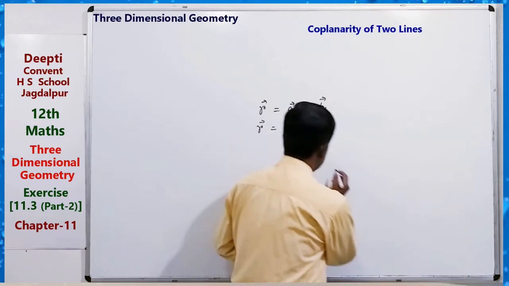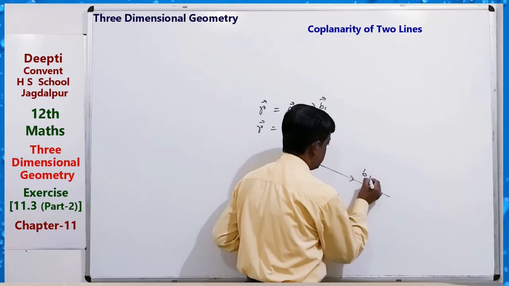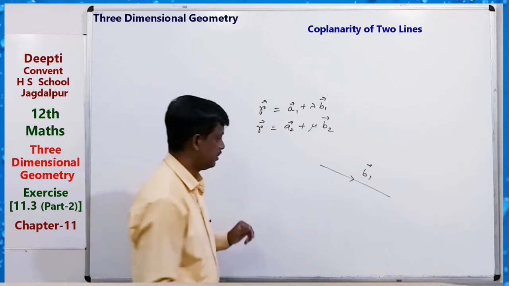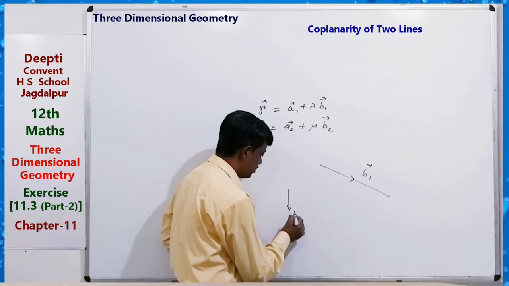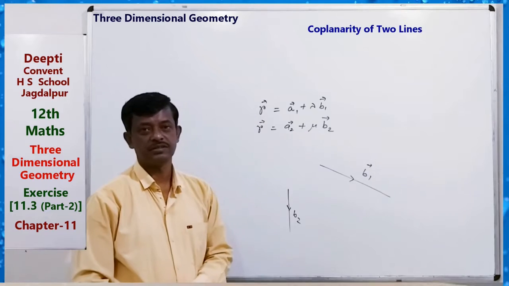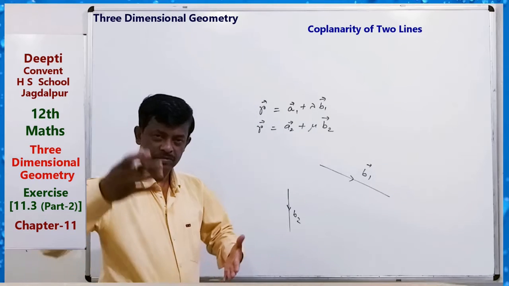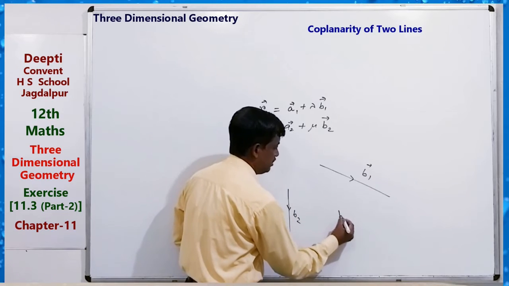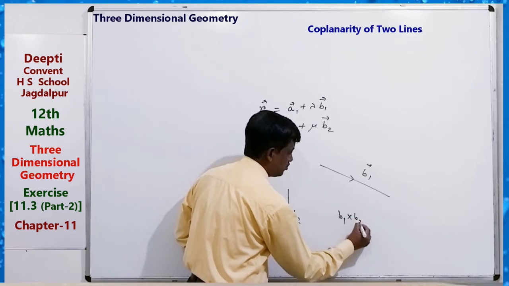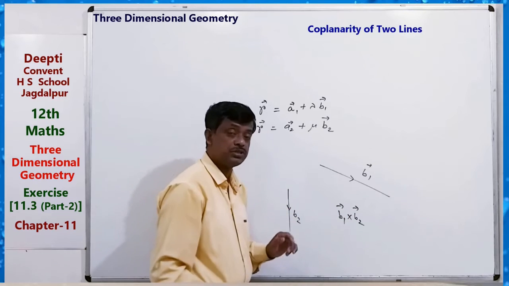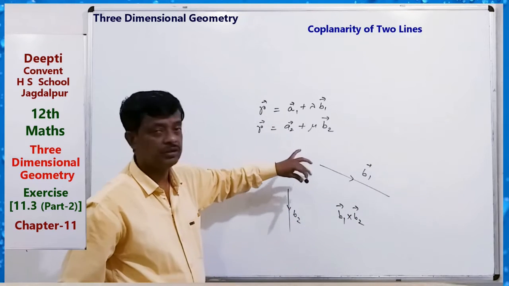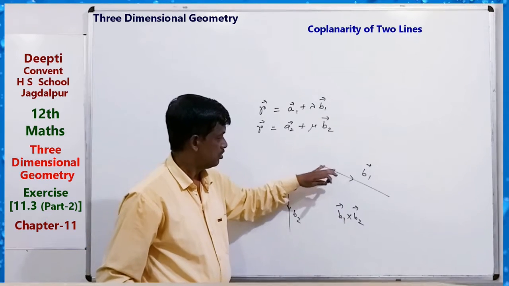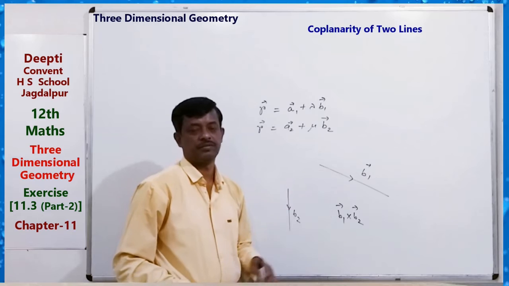Suppose this is b1, a line parallel to this in 3D, and this is b2, a line parallel to this. The cross product b1 cross b2 is a direction perpendicular to the plane which contains these two vectors.